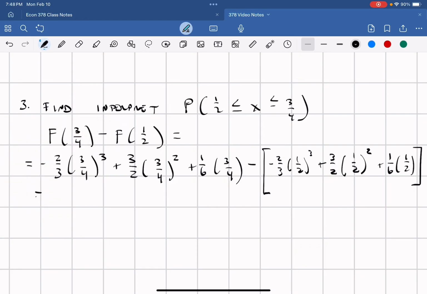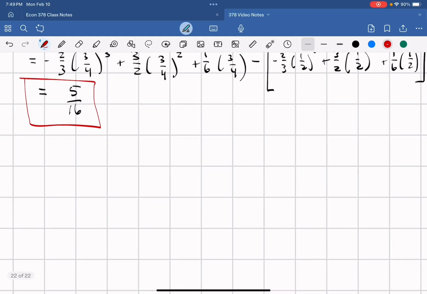And then as you go ahead and simplify and solve, break out your handy dandy TI-83 Plus calculator, this will equal 5/16. So we would interpret this as the probability that the warehouse is between 1/2 full and 3/4 full is 5/16. Now let's go on the fourth question.